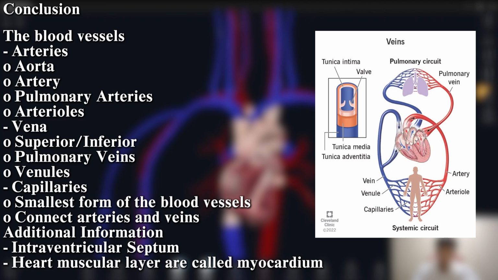And the capillaries. Now this is where it gets interesting. Remember when I told you that the whole cardiovascular system runs through the whole body and then through the artery.